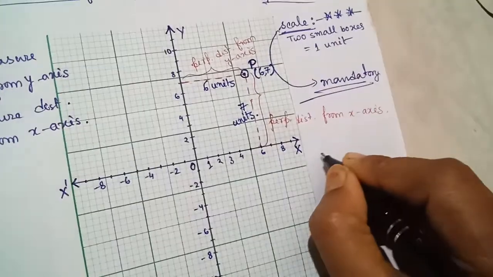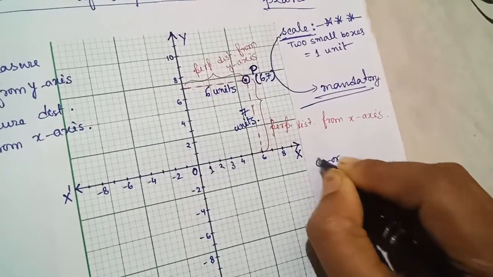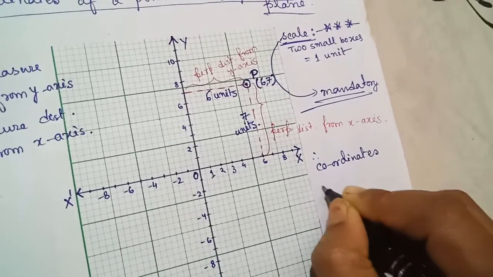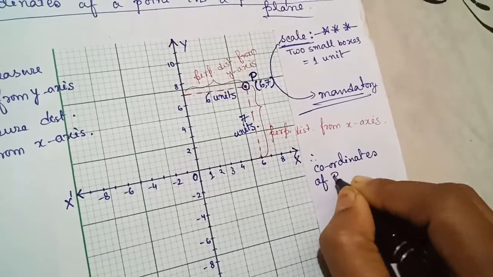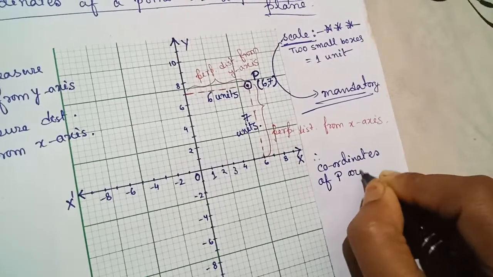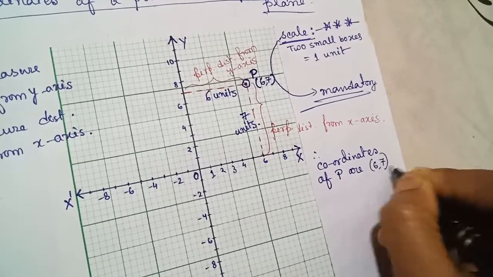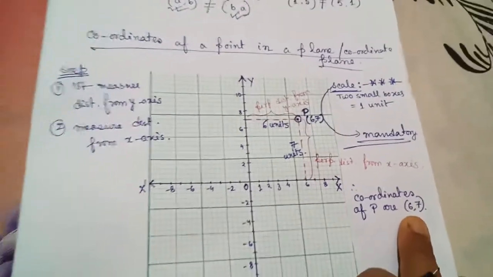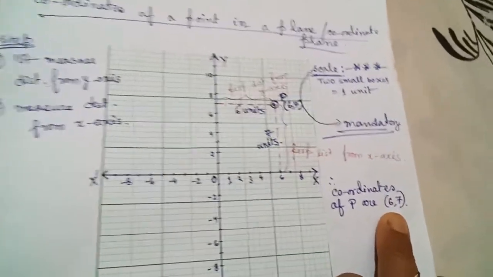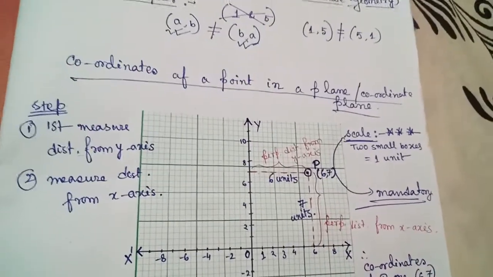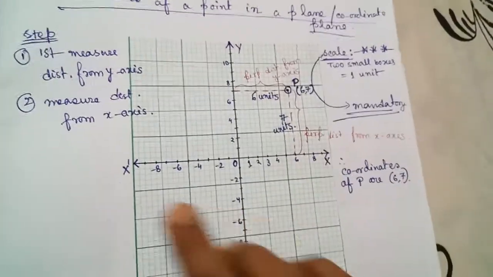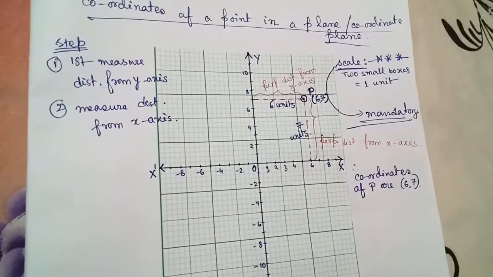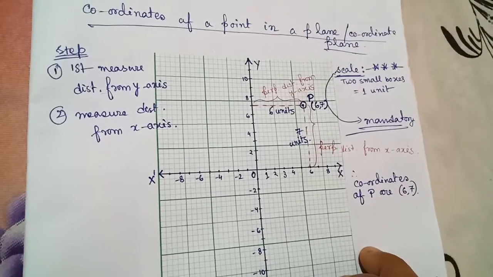That means we will write down the coordinates, therefore coordinates of P are 6, 7. Coordinates must always be written in ordered pair form. Okay, so you can again look at it. Everything I have written here so that you will have a very brief idea about it.